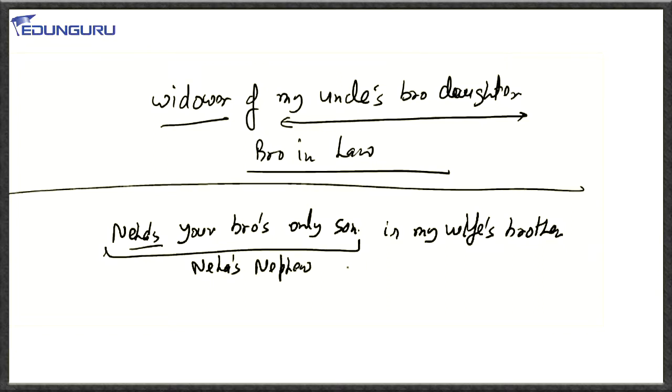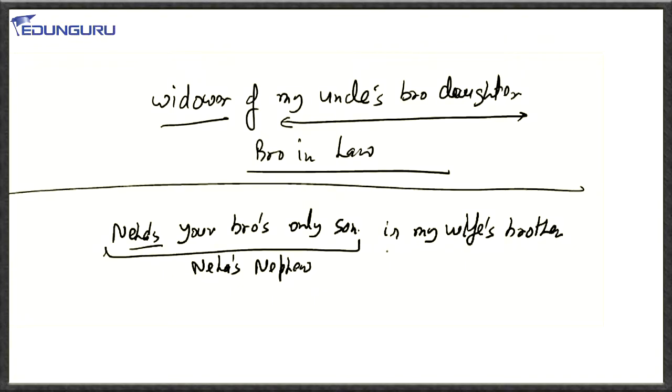So, Neha's nephew is my wife's brother. So, the question is, how is Neha related to wife of Nitish, right. So, we have already found out that this part is Neha's nephew. So, we can say that Neha's nephew is my wife's brother. Okay. Now, the relation is to be defined from the point of view of wife, right.